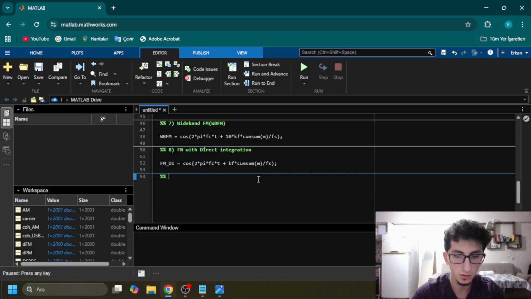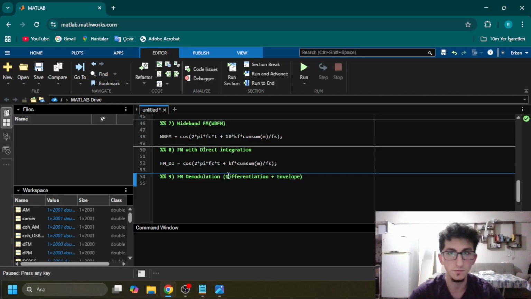So 9 is FM demodulation, and also we can add this code in here like that. So I'm gonna make everything clear now.